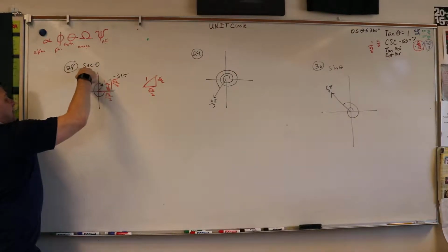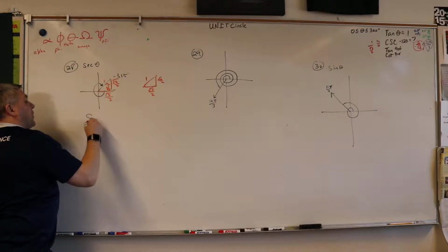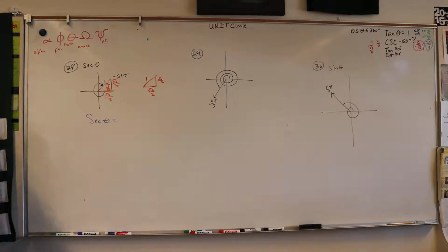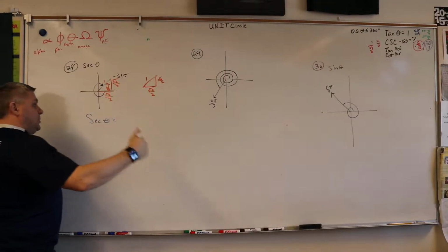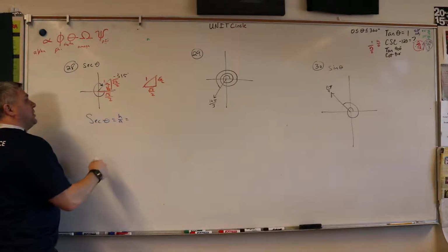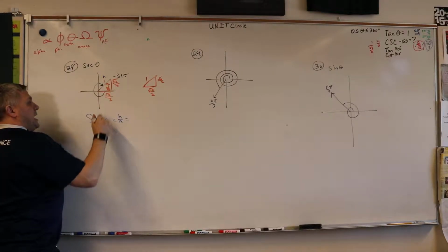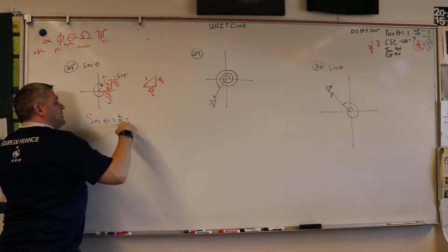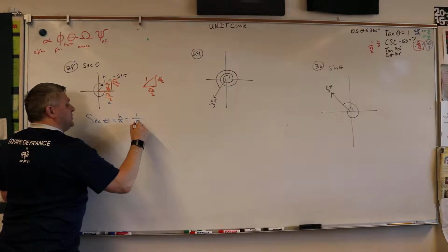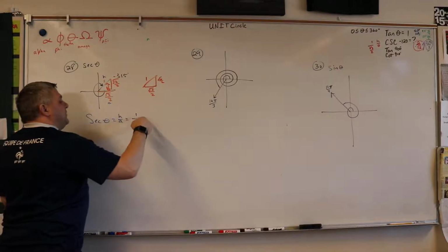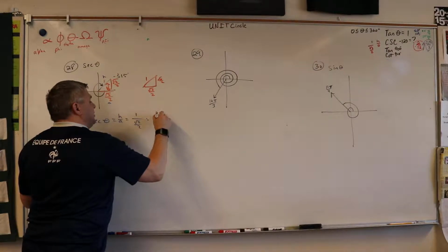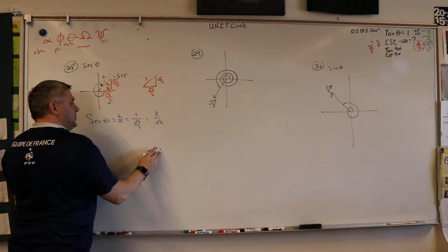So, to find the secant, secant of theta equals what? Secant is H over A. So I'm looking for the H and the A. So it's 1 over the square root of 2 over 2. So we flip that, and that is 2 over the square root of 2.